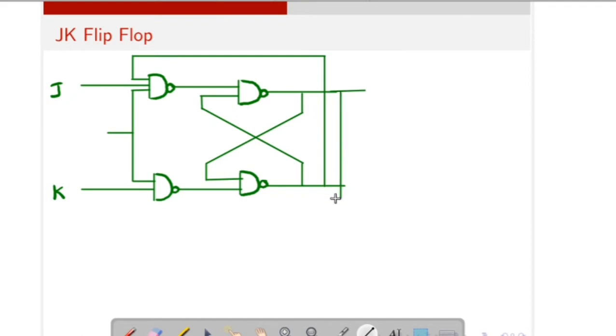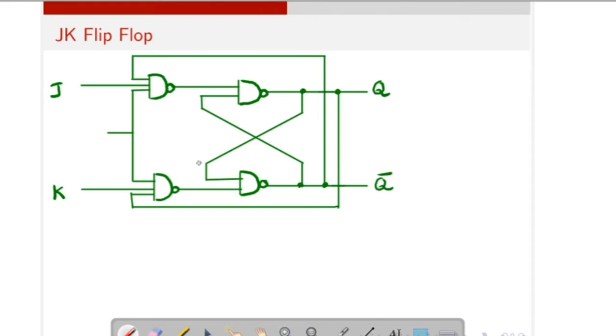So for the second NAND gate, the third input is from Q. So this is the logic circuit of the JK flip-flop. This is Q output and this is Q bar. Clear? So this is the clock input.